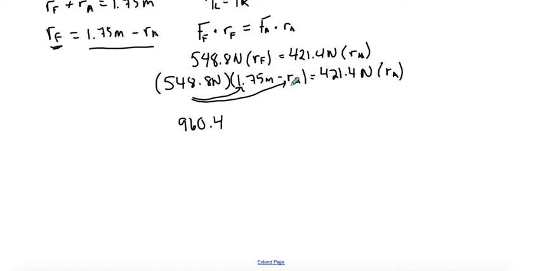In the end, we're looking for a radius, so that's going to be in meters. I'm going to forget about my units here so I don't have to write them as many times. So 960.4 minus 548.8 r sub a equals 421.4 r sub a.